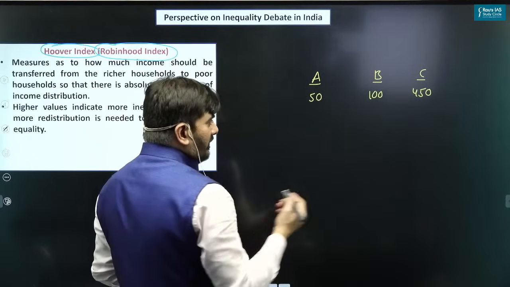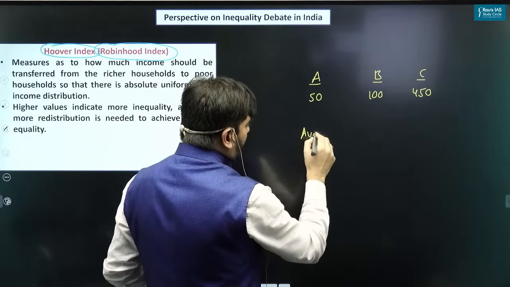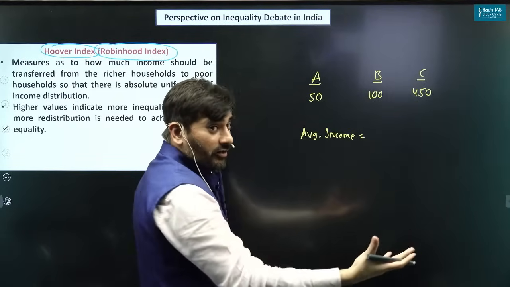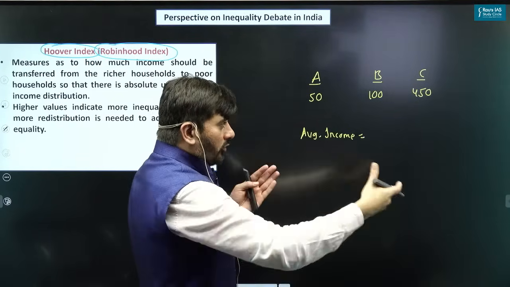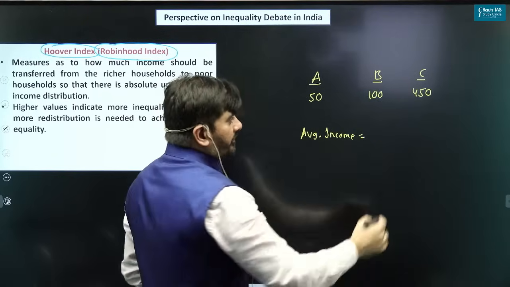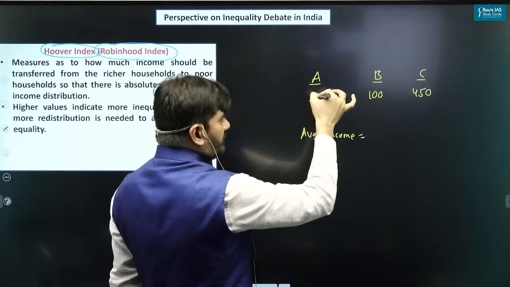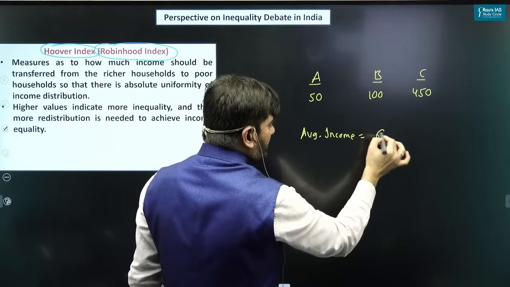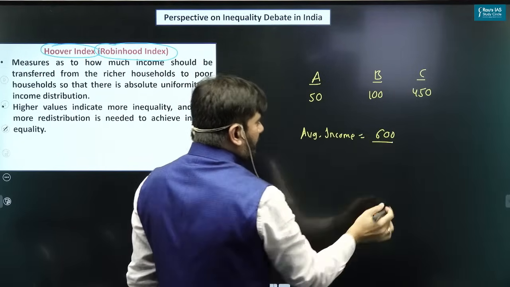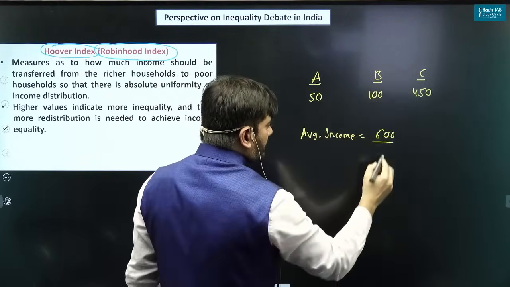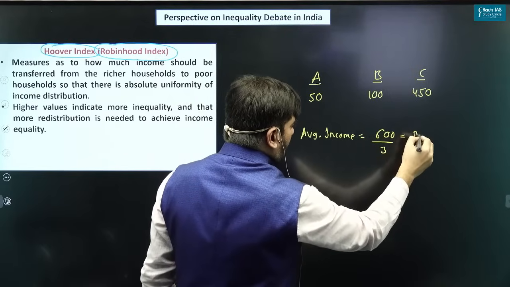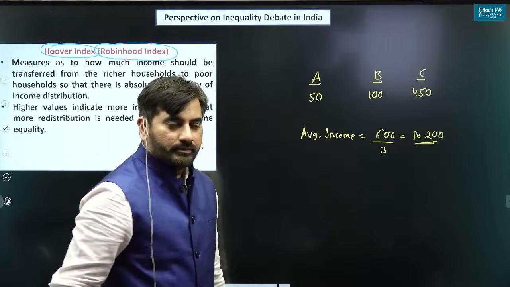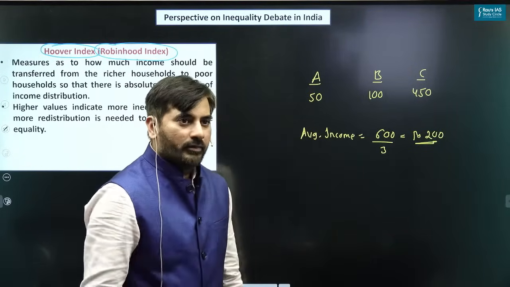Let's try to understand what is the average income of the households. How do you calculate average income? The total income divided by number of households. 450 plus 50, 500. 500 plus 100, 600. 600 divided by 3 households. So the average income should be equal to how much? 200. I hope this is clear.